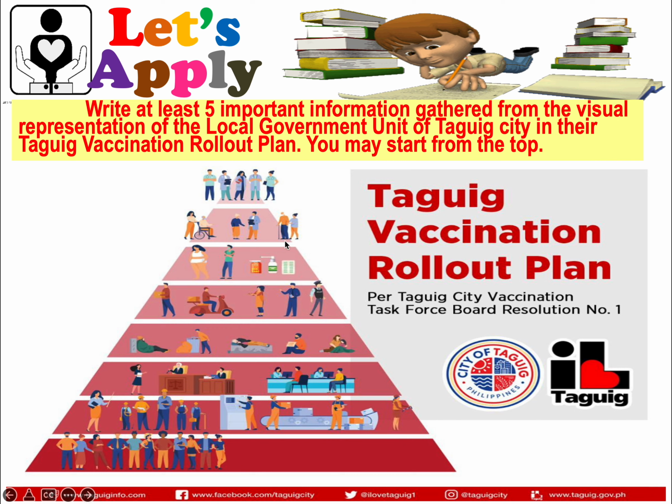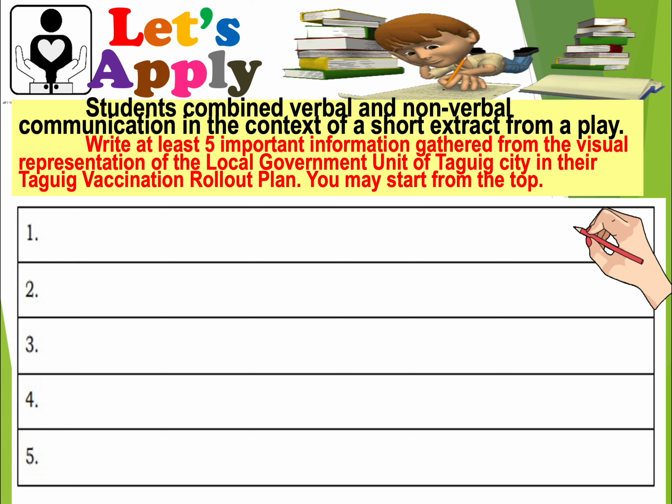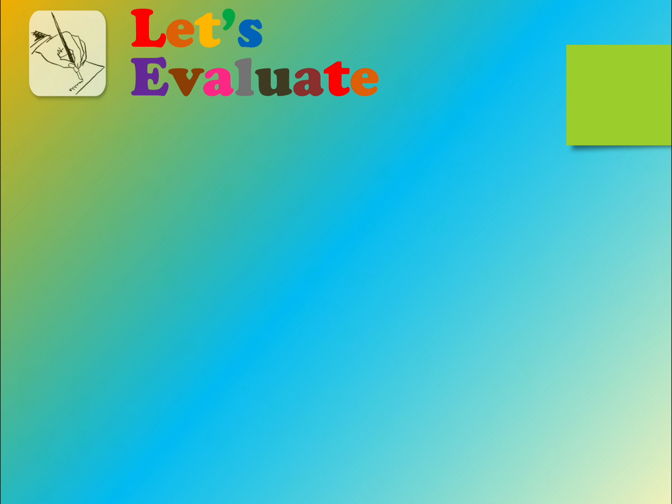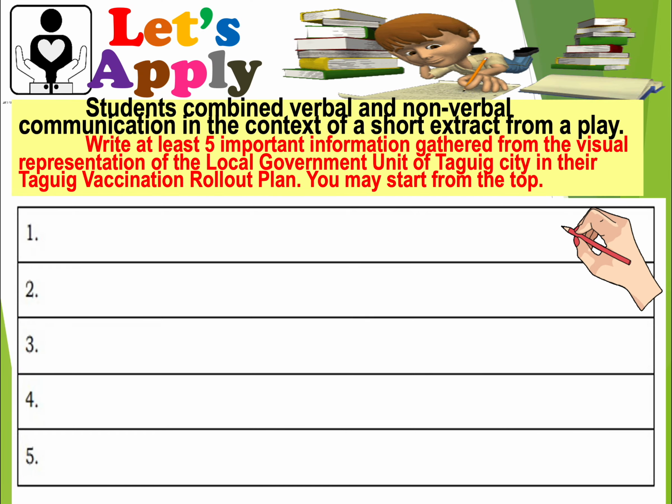We have in here persons with disability or senior citizen. Okay, regarding health and taking medicines, and so on and so forth. Now, based in here, you're going to formulate sentences. So write your sentences in your answer sheets. Again, remember to start your sentences with capital letter and end with the correct punctuation mark.